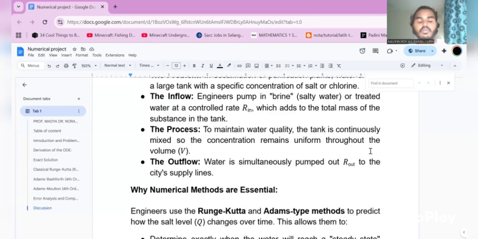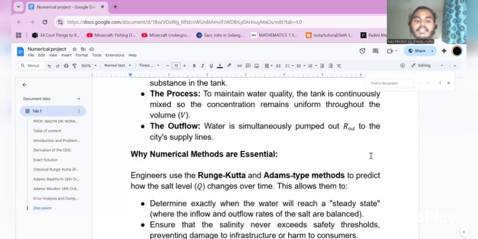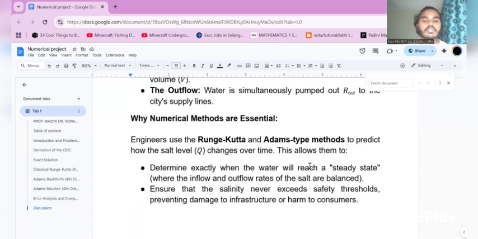This is very similar to the actual question that we're given. In this case, how do we use RK4? It's mainly to predict how the salt level Q changes over time. Engineers use these numerical methods because they want to accurately identify the change over time. So it allows them to determine exactly when the water will reach a steady state, basically when there's an equilibrium, when it's balanced.